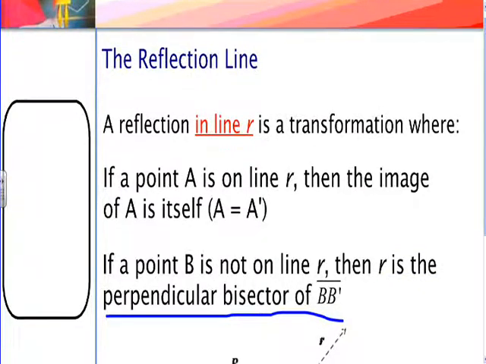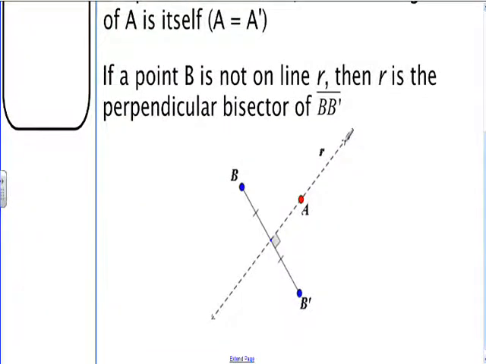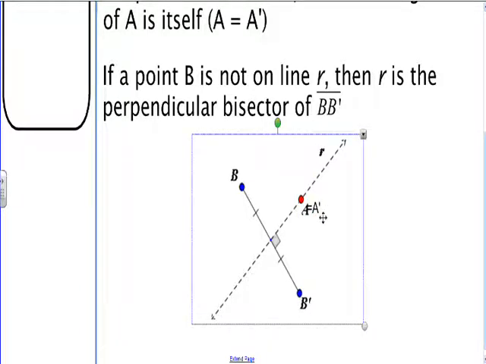Now, that sounds kind of complex, so let's break it down. What this is saying is that if we have line R, like we do here, this is our reflection line. That's the line that something is reflected over or folded over, right? If we have a particular point A, and that point A happens to be on the line R, then that point A is going to be exactly equal to A prime, because both points are exactly on the line, so they're equal to each other.